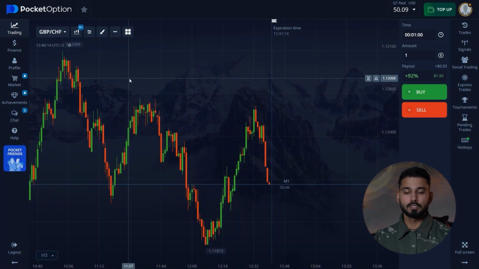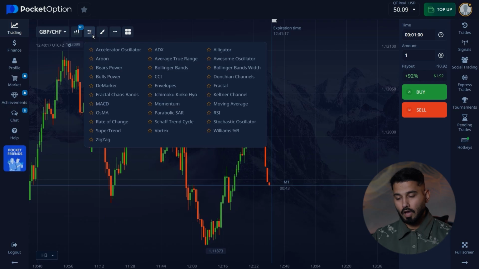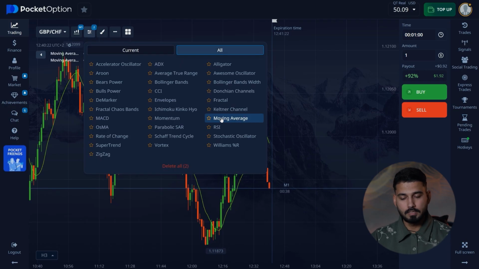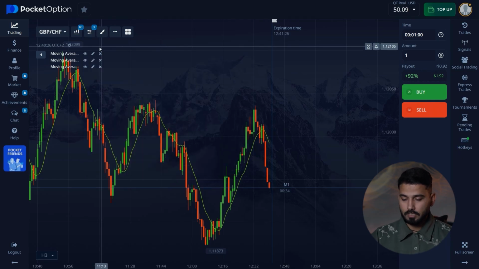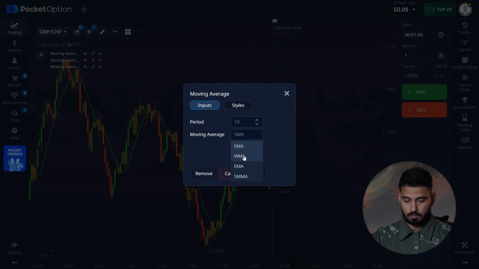Guys, today I'm using a quite simple system based on moving averages. The idea is applying multiple layers and setting a unique color for each indicator. This will help me quickly navigate the market and make more accurate decisions.